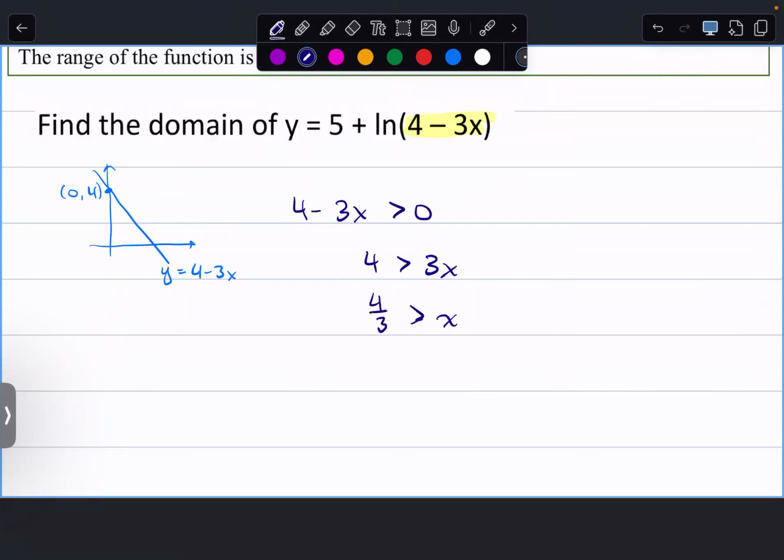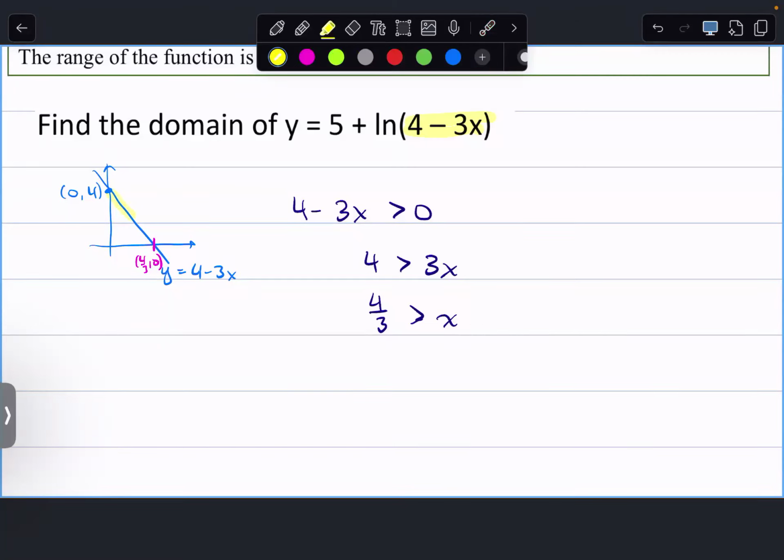That is the domain: x is less than 4 over 3, which puts this point at 4 over 3, which you can check. Put in x equals 4 over 3 and you get 4 over 3 times negative 3. The 3's cancel and I get 4 minus 4, which is 0.